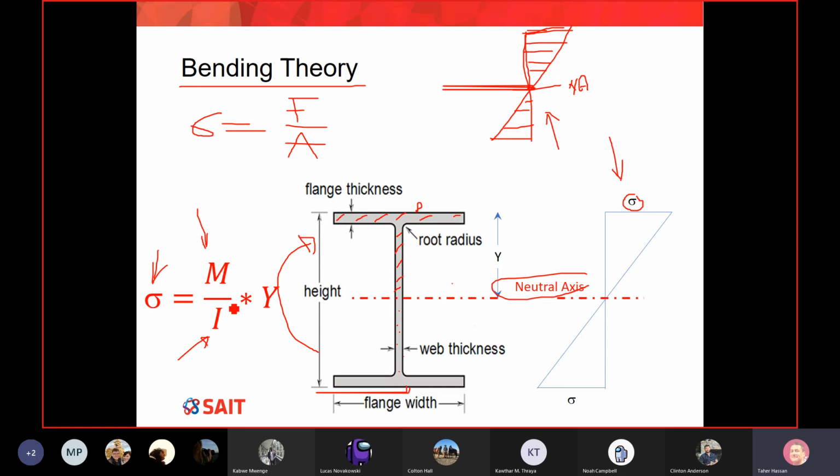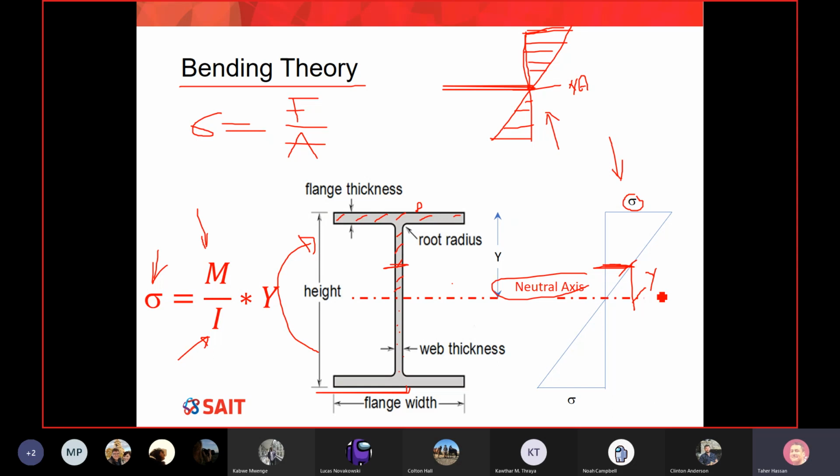I is the moment of inertia, and Y is how far the fiber is from the neutral axis. For example, let's say I want to find the amount of stress here. Very simple. This is the Y of the point.